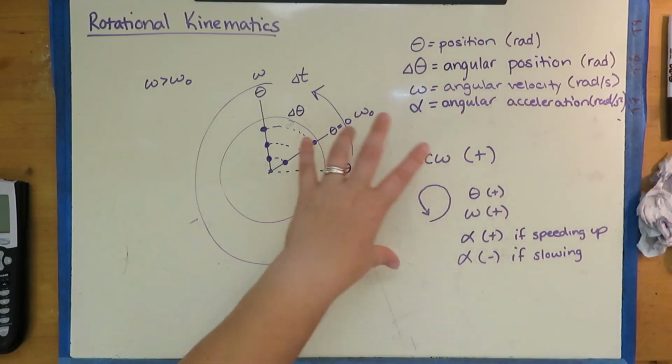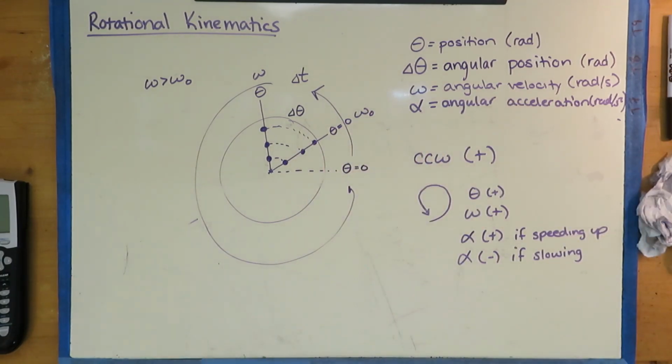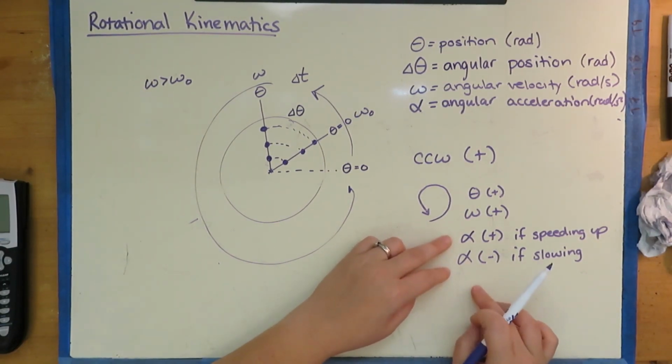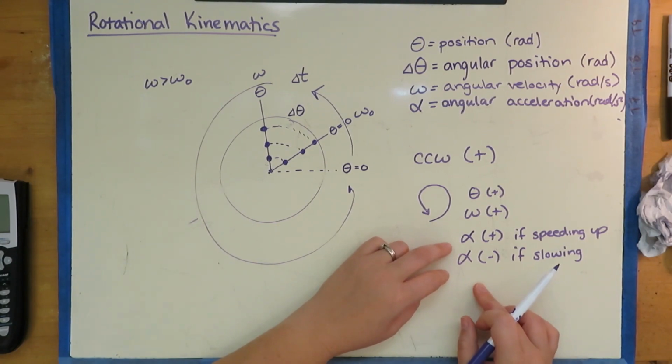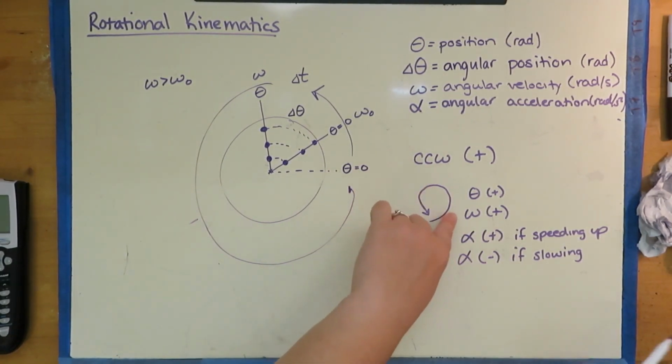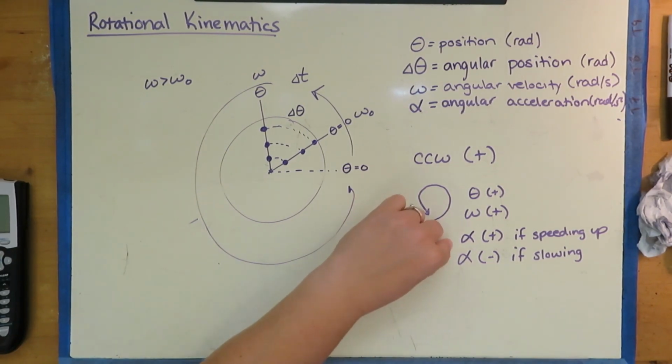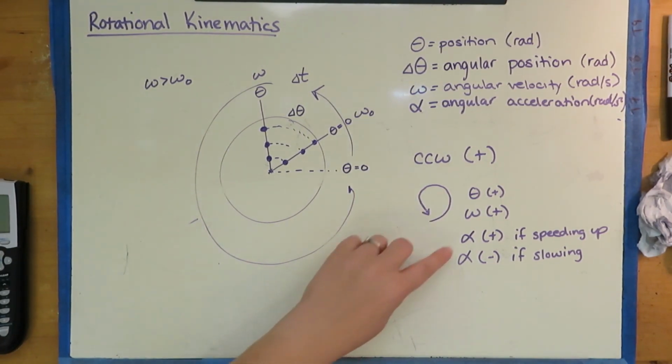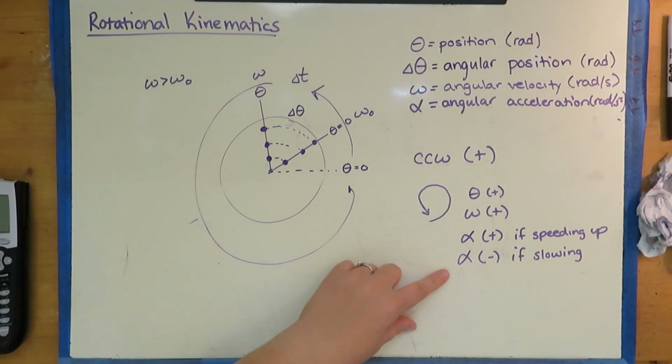So that is consistent with pre-cal. It's consistent with linear kinematics, where you don't know the direction of alpha because that's dependent on force, but you can tell the direction of alpha based on whether you're speeding up. So if you're moving in the positive direction and you're speeding up, your angular acceleration is also positive. If you're moving in the counterclockwise direction but you're slowing down, your alpha is negative.